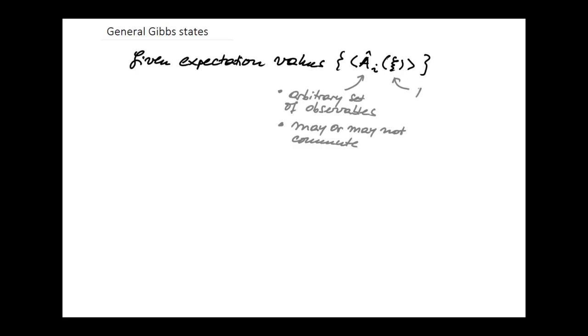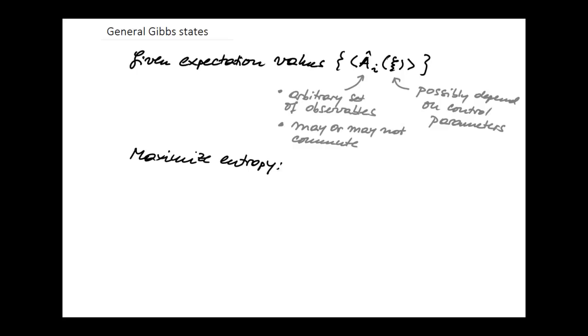And they possibly depend on a control parameter, or even several control parameters. And now, as in the case of the Boltzmann-Gibbs state, where only the expectation value of the Hamiltonian was given, we seek the density matrix, the state, that under these given constraints maximizes the entropy.